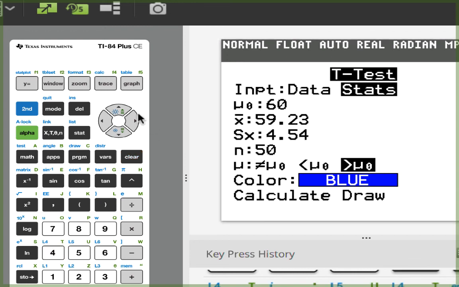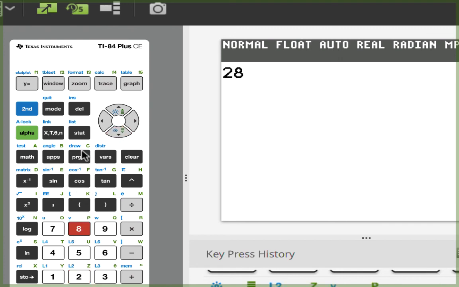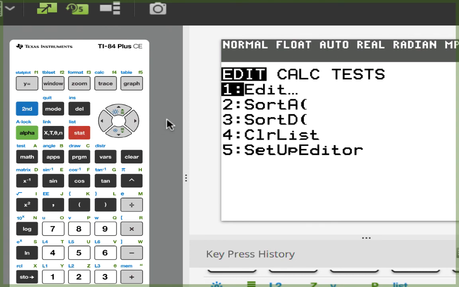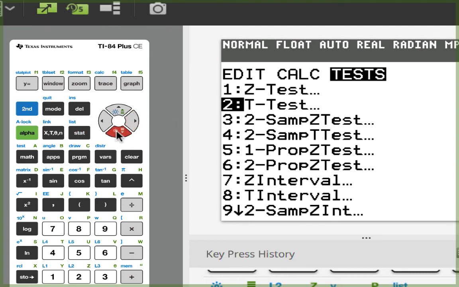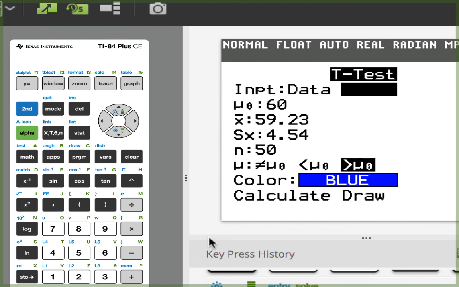Now the sample size was 28. Oops, did something wrong. Okay, I'll have to start again, guys, it seems. Okay, enter. Well, I must have plugged in something. Everything is right.